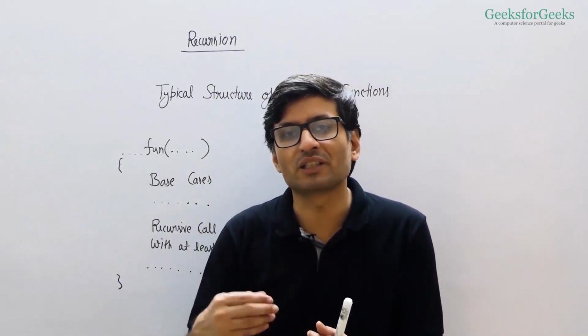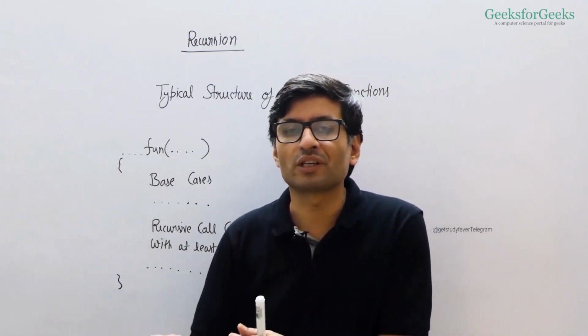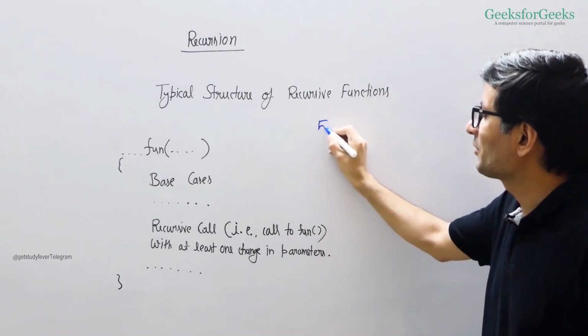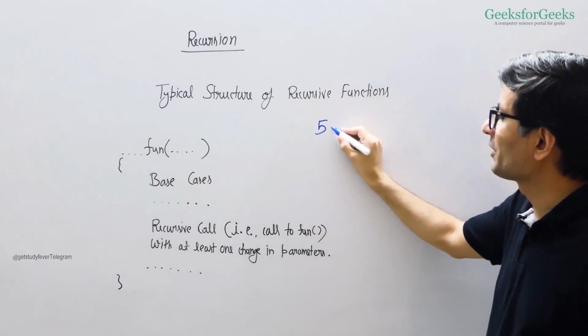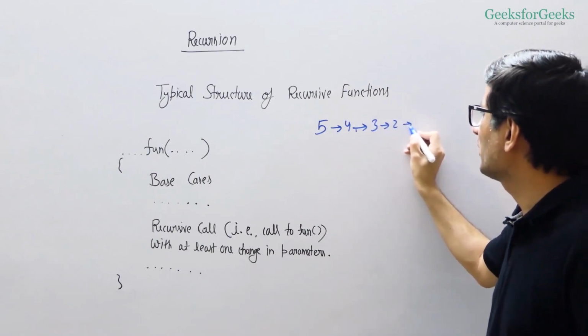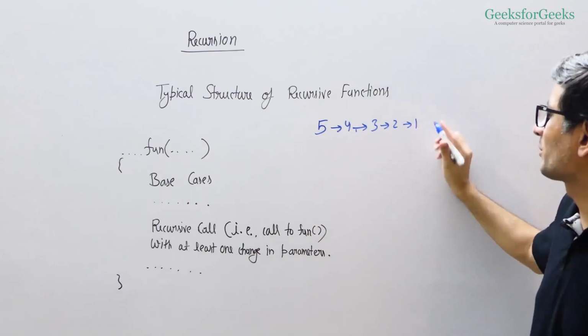When these parameters keep changing, there comes a point where they reach the base cases. For example, in the previous code we had, say, initial parameter 5, then it reduces to 4, then 3, then 2, then 1, and finally we have a base case to handle 0, so it stops at 0.